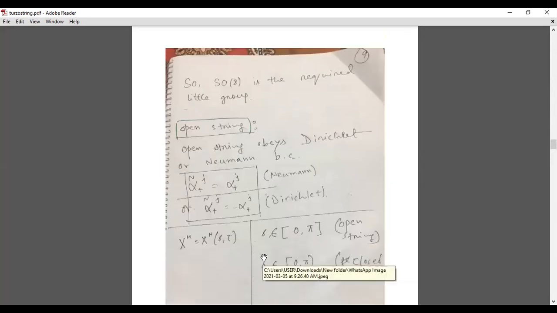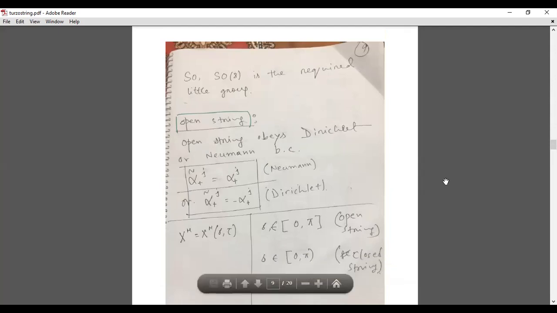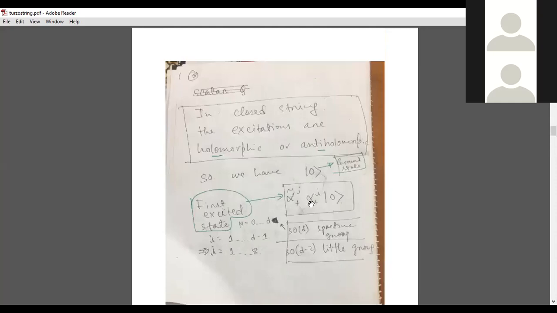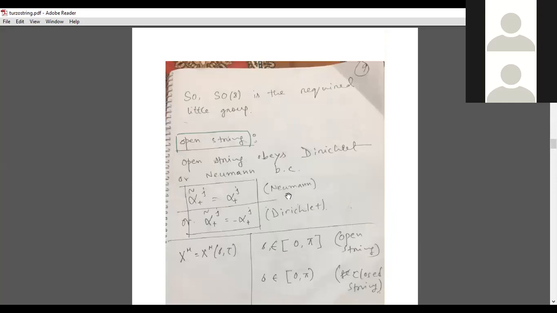Just a heads up, we are going to study the closed string configuration. But just to let you know, in open string, these alpha tildes and alphas are actually related by this condition, because if you use Neumann or Dirichlet boundary condition, you will see that these alphas are related.